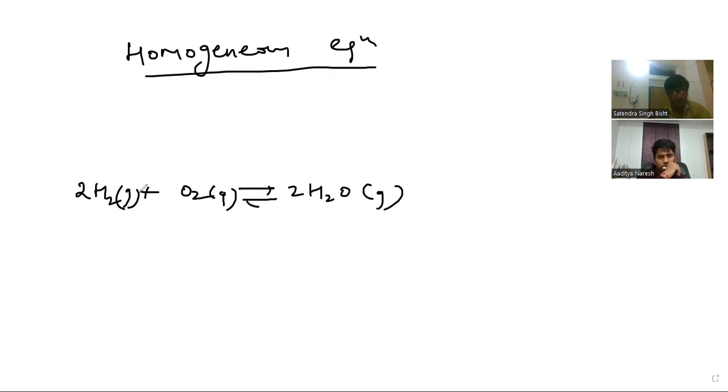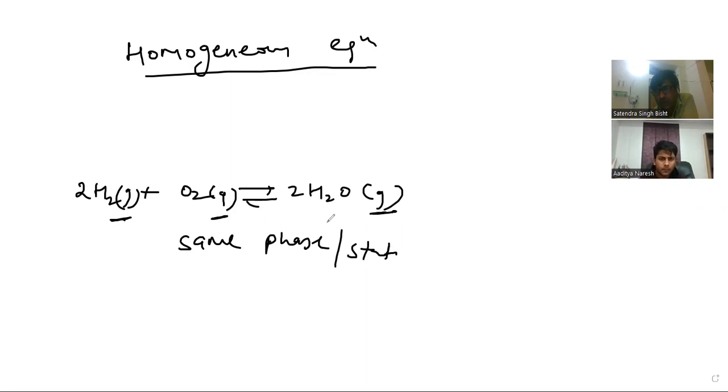When there is no external element in the whole, homo means same. All reactants and products are in the same phase, same state. That is called homogeneous.